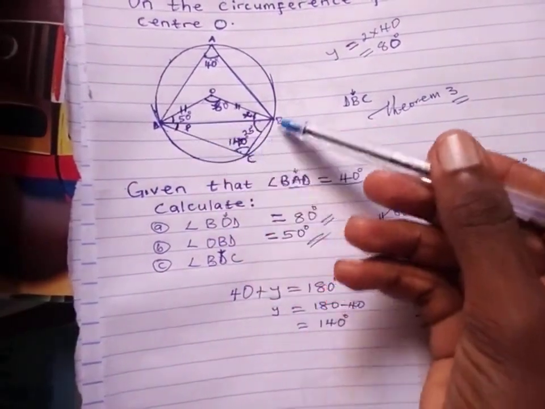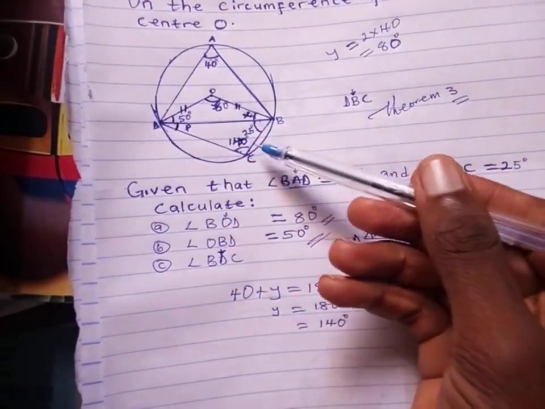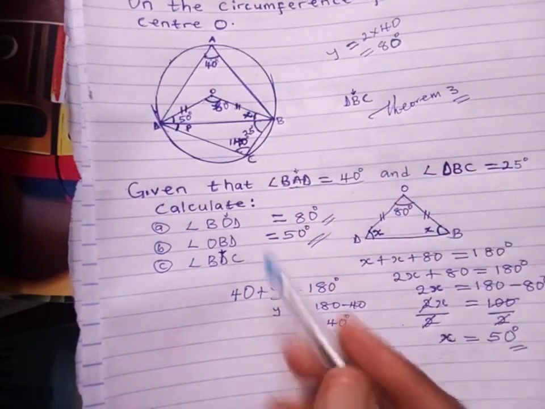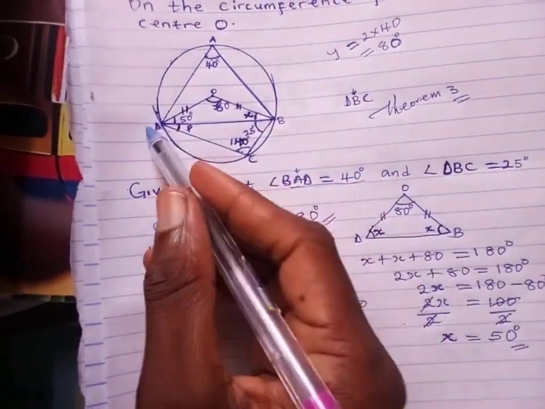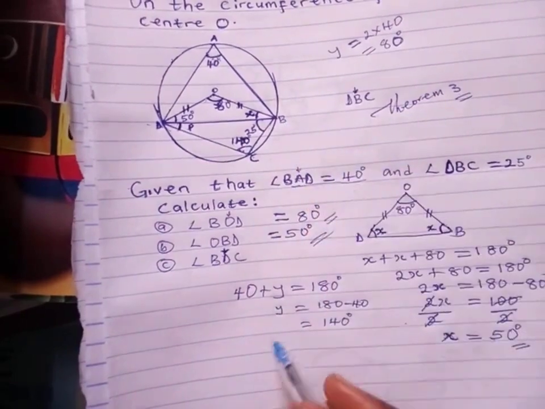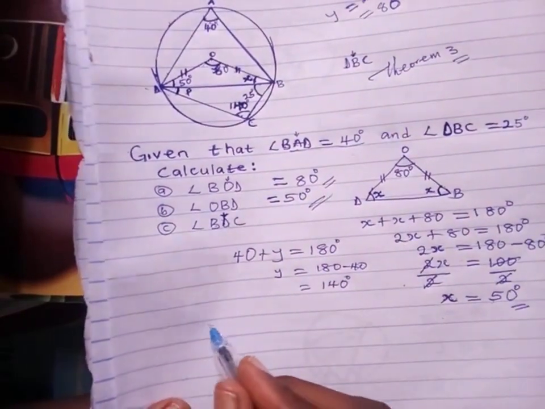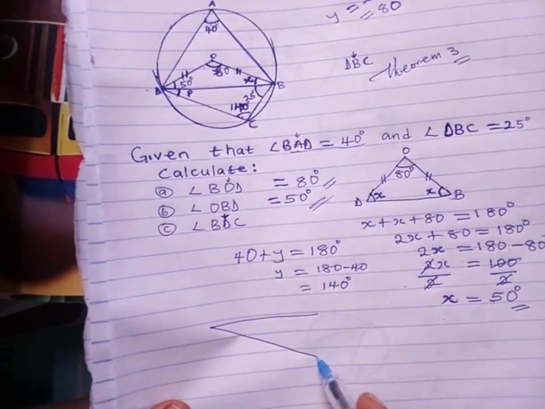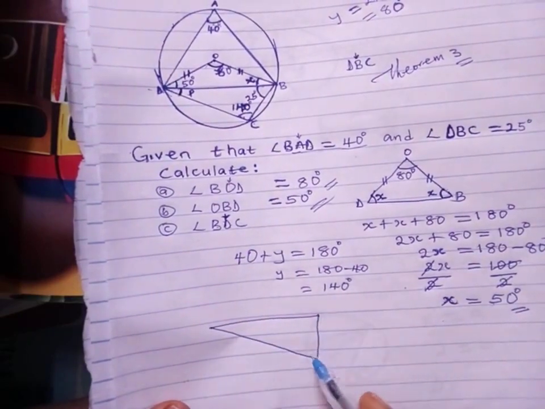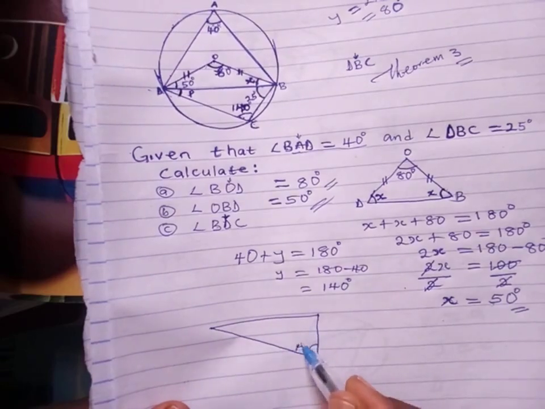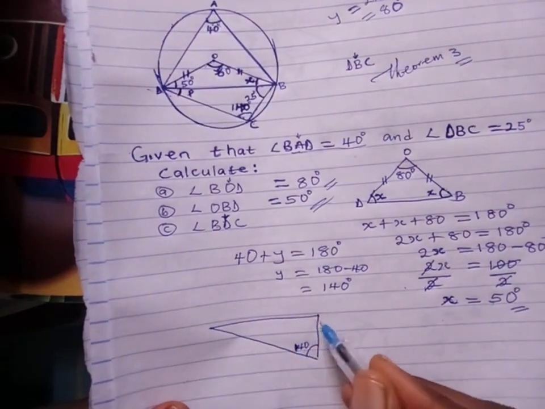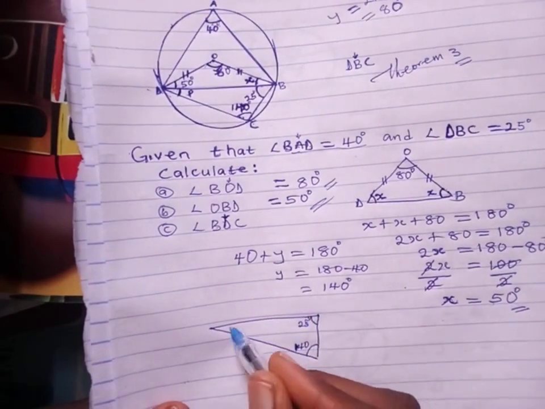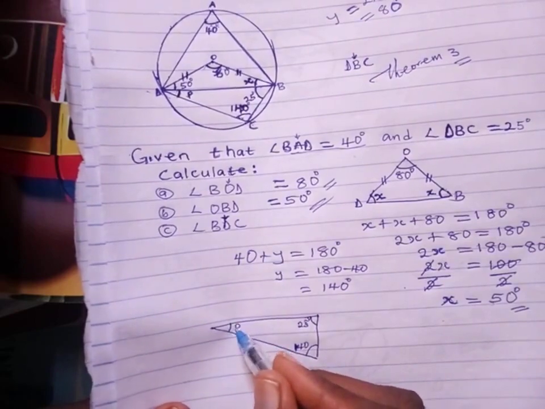Sum of the angles in a triangle is equal to 180 degrees. So it means that in triangle DCB, now let me draw that out. This is the triangle we have. We have here 140 degrees, and we're given here 25 degrees, and we're asked to find the angle here.